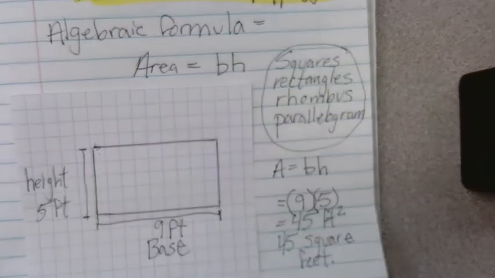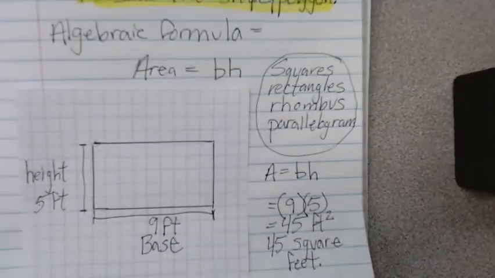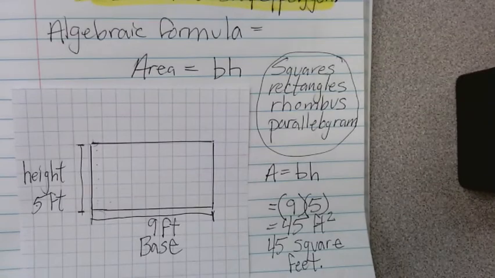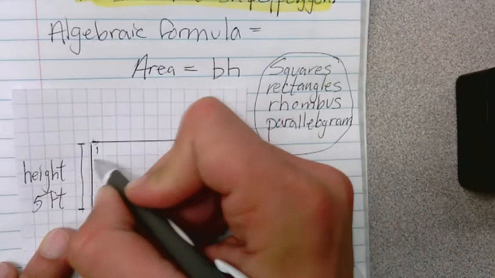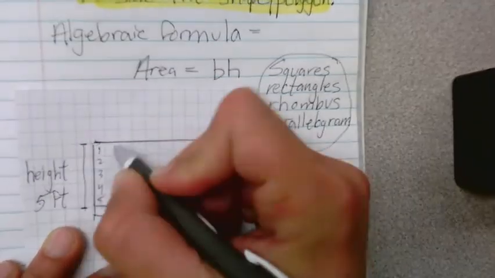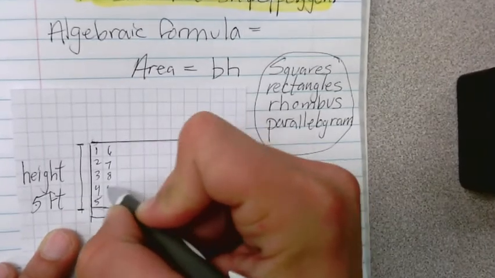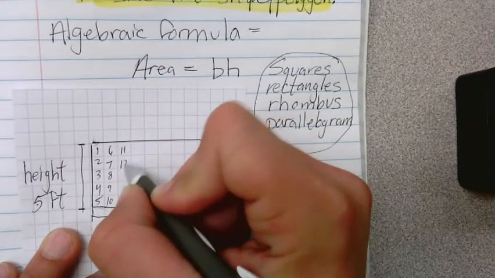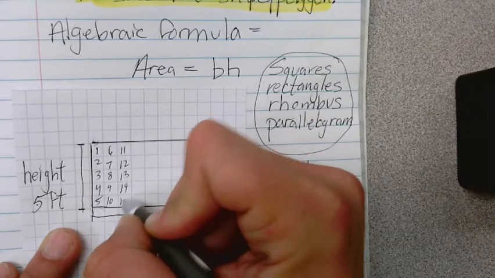And if you look at our rectangle here, and if you counted them, 1, 2, 3, 4, 5, 6, 7, 8, 9, 10, 11, 12, 13, 14, 15.